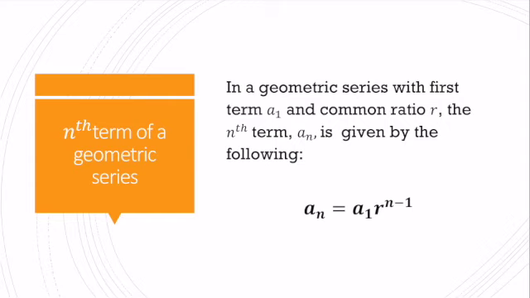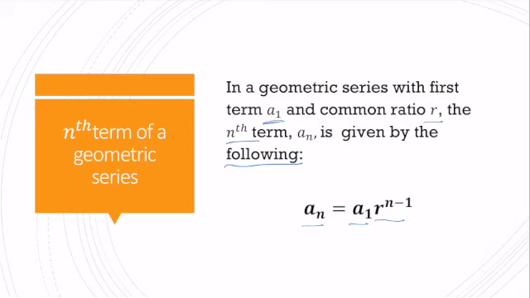So in a geometric sequence with the first term a sub 1 and the ratio r, the nth term is always given by the following: a sub n equals a sub 1 times r to the n minus 1, right? Because we're just multiplying by a constant.